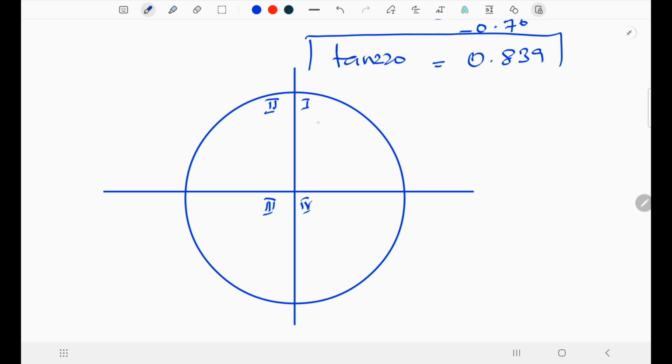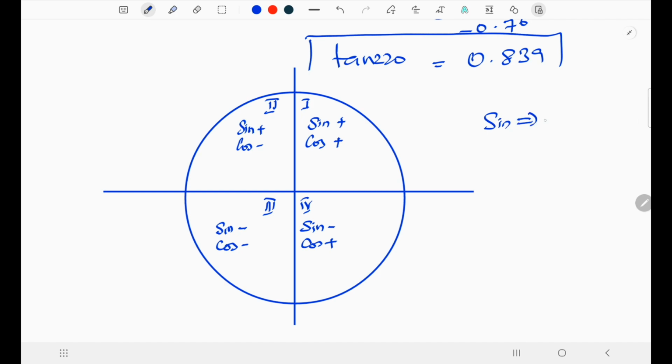First quadrant, sine is positive, cos is positive. Second quadrant, sine is positive, cos is negative. Third quadrant, sine is negative, cos is negative.